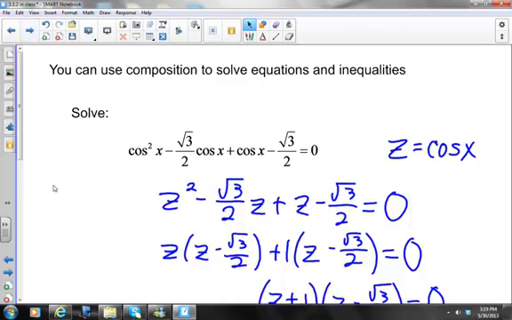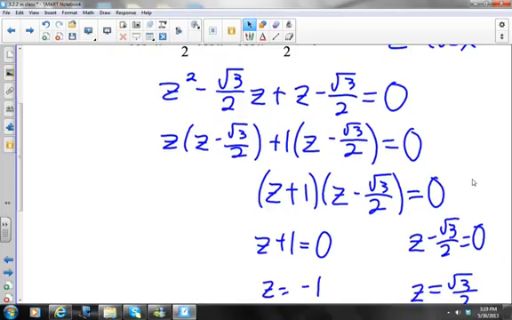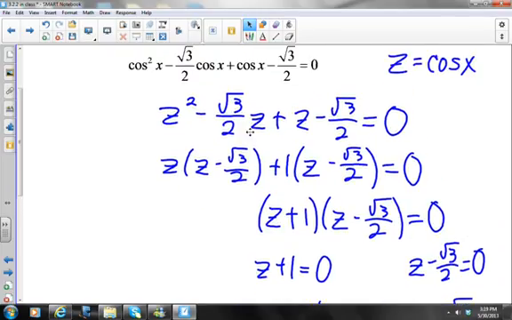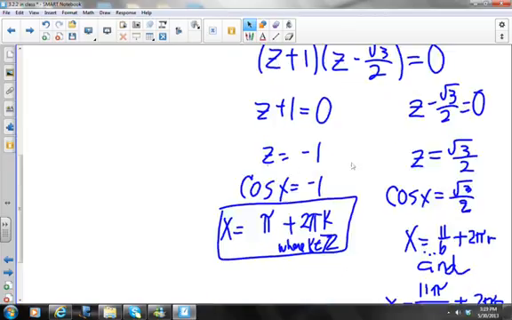Composition is also very helpful when we want to solve equations and inequalities. Suppose you have this complex equation here. If we simply do a substitution letting z equals the cosine of x, we can simplify this complex equation into this quadratic equation here, and then we can factor it and attain that our values are when z equals negative 1 and z equals square root of 3 over 2.